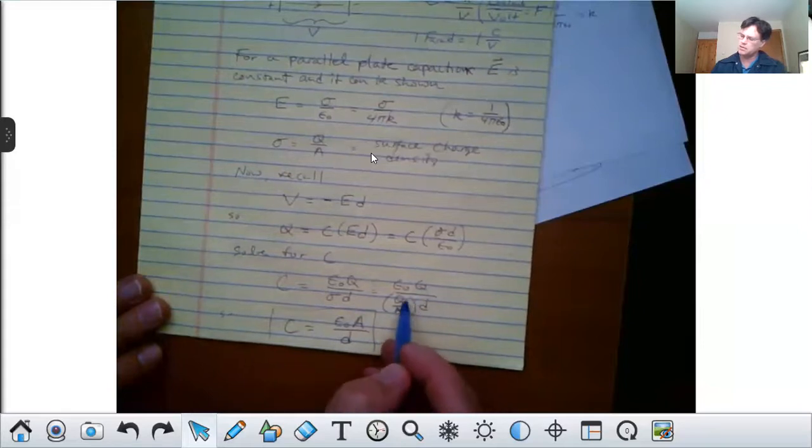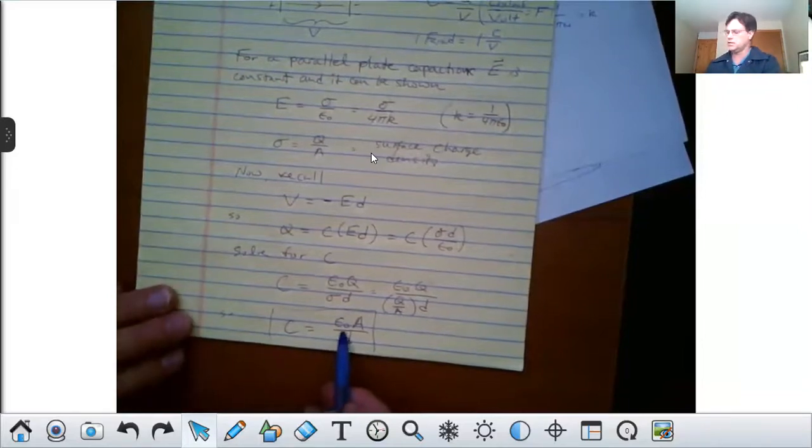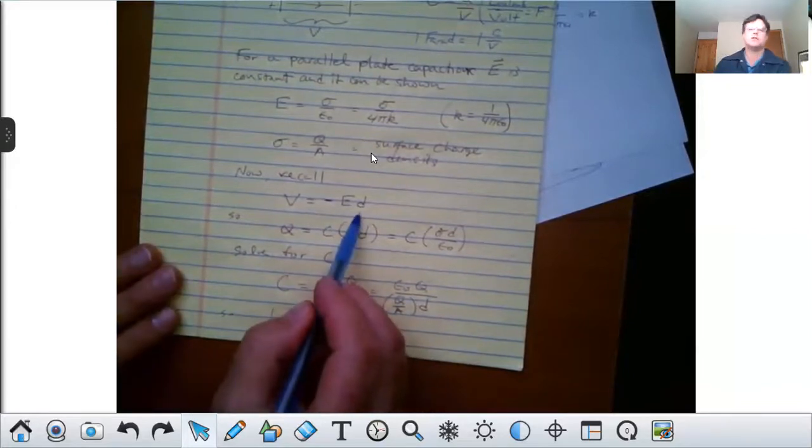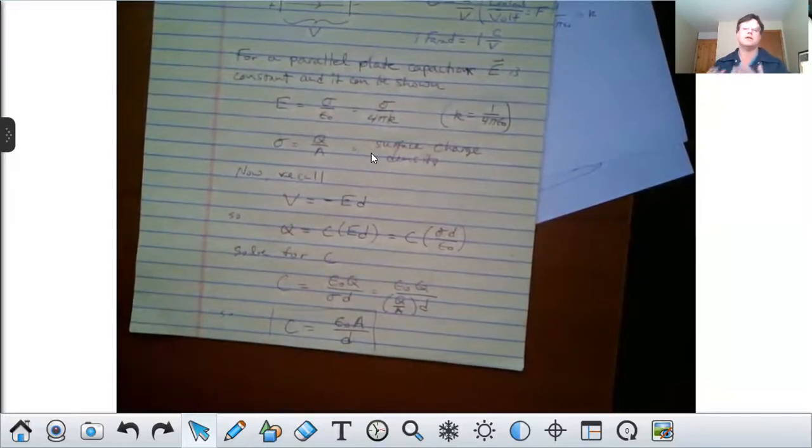Charges will cancel here, and I end up getting that the capacitance for two parallel plates is epsilon 0 times the area of the plates over the distance between the plates, where d is the distance between the plates. So this is the formula you could use to calculate the capacitance of a parallel plate capacitor.